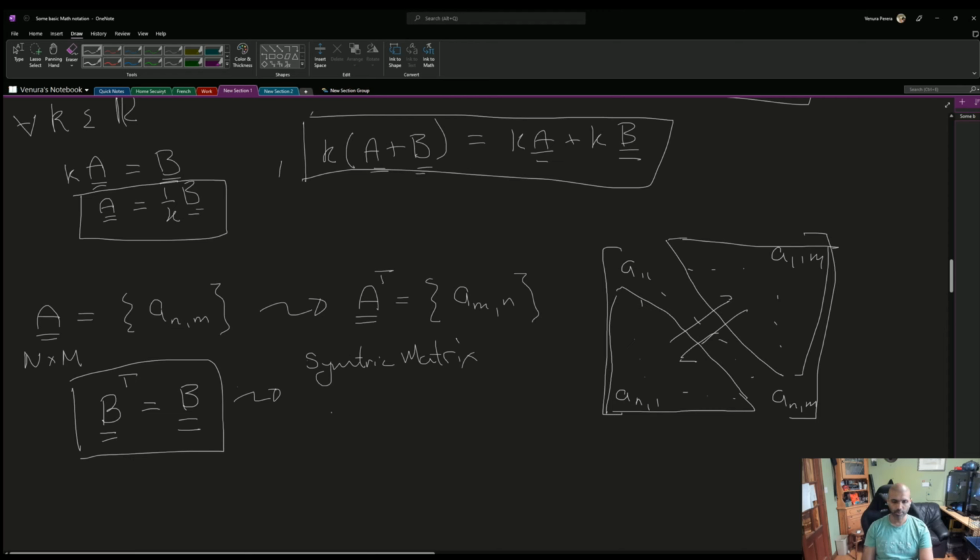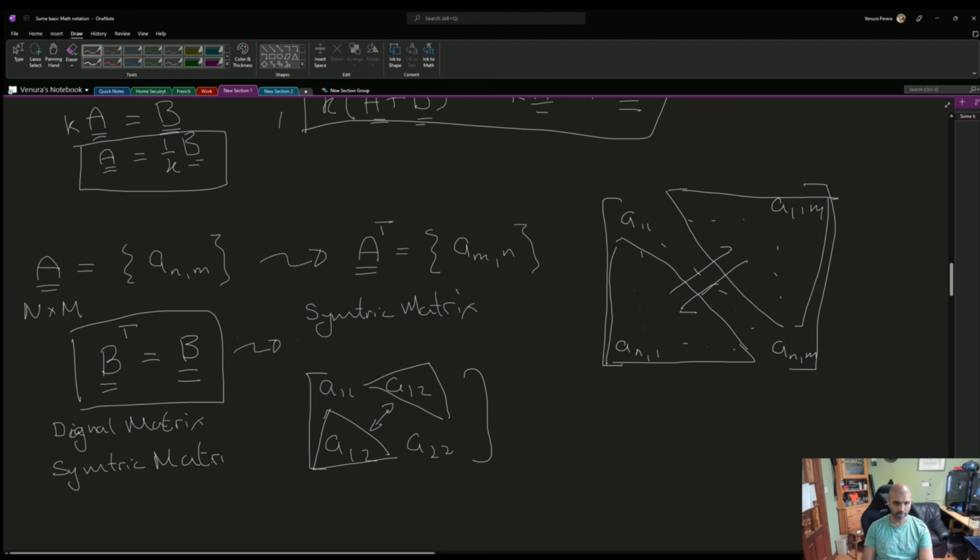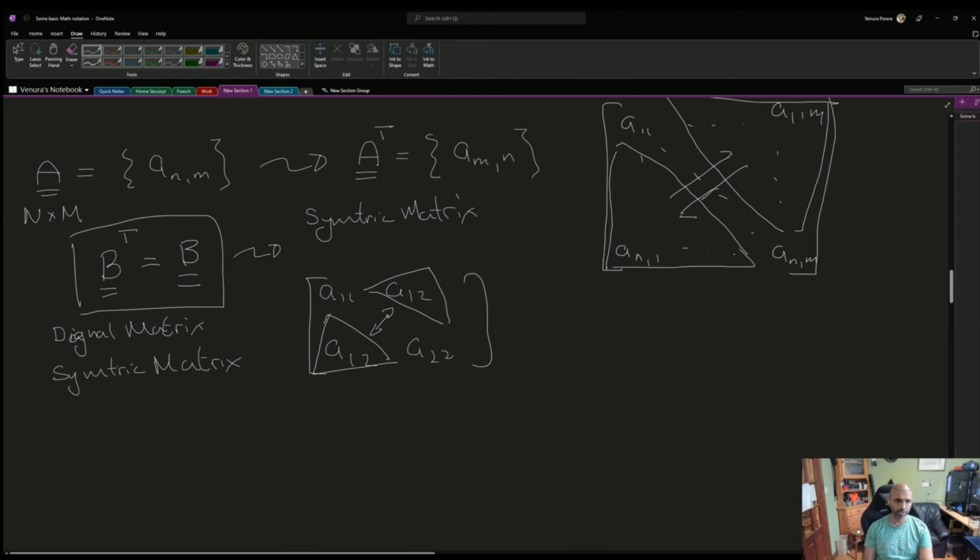I'll give you an example. For a 2 by 2 matrix, if I have A11, A12, A12, A22, the bottom triangle and the top triangle are the same. So when we swap these two around, they remain. This rule applies for both diagonal matrices and symmetric matrices. And actually, you could argue that every diagonal matrix is a symmetric matrix.